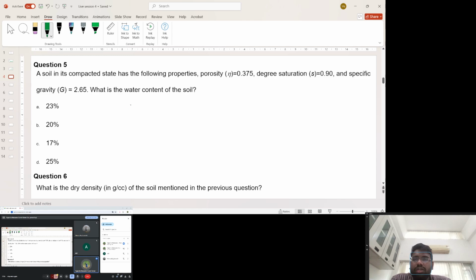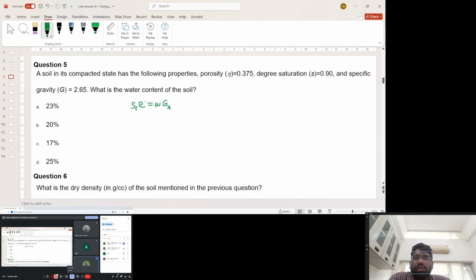How do you get water content? The basic governing relationship is saturation into void ratio is equal to water content multiplied by the specific gravity of soil solids, right?